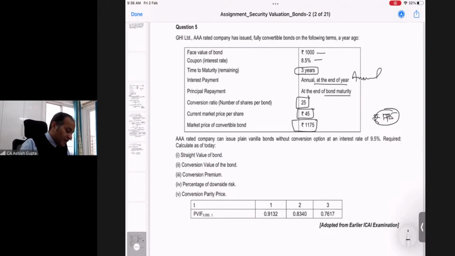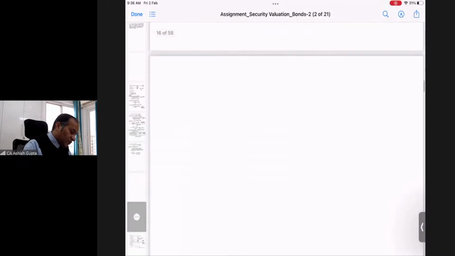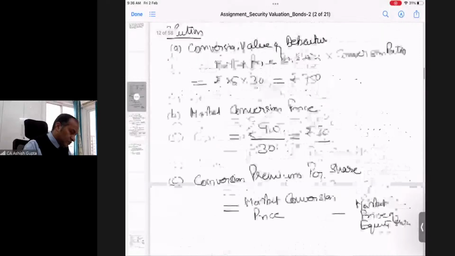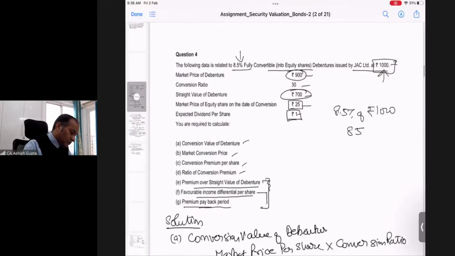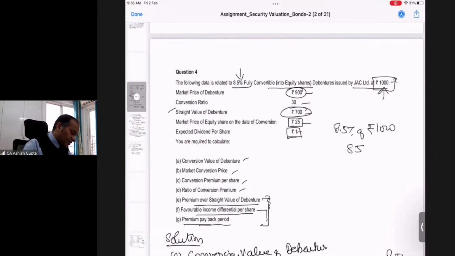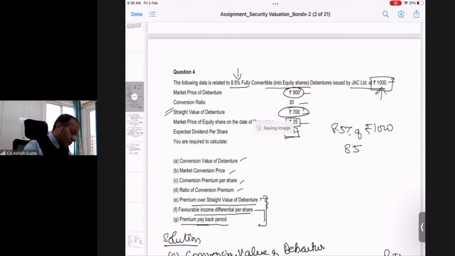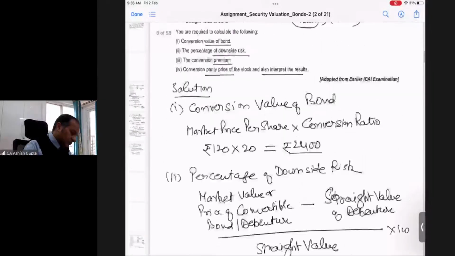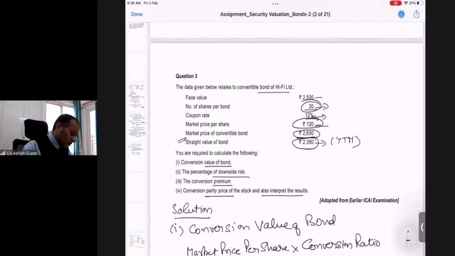Now a similar category bond can be issued as a plain vanilla bond without conversion option at an interest of 9.5%. So it means it is the YTM. Now here please note that in the earlier two questions we were provided with the straight value.